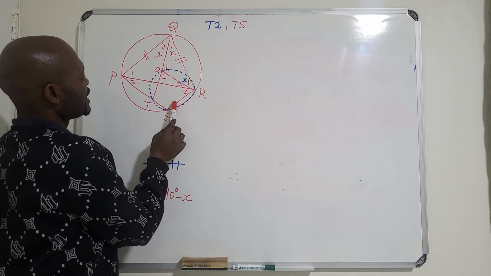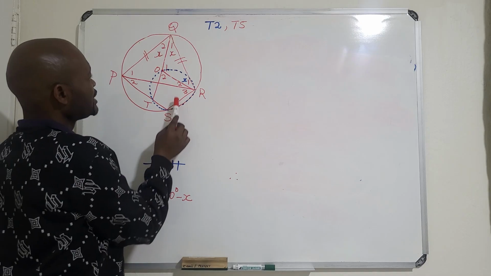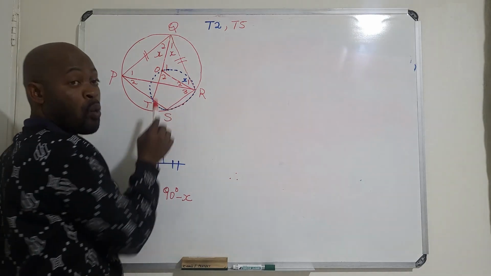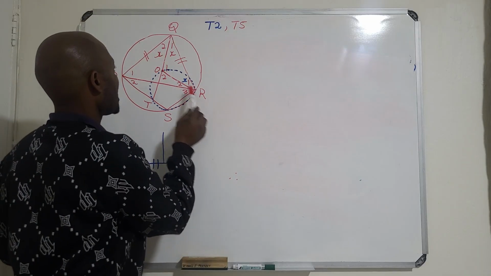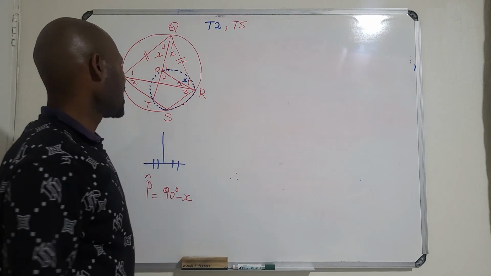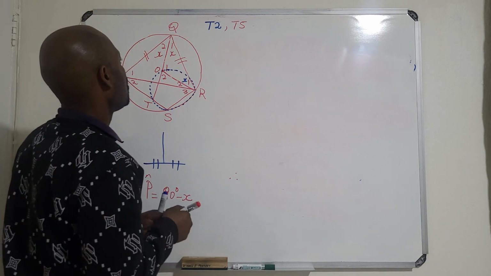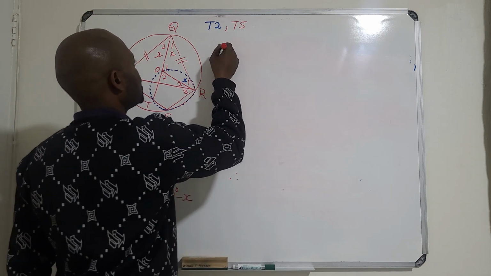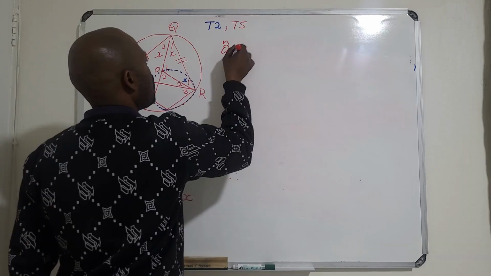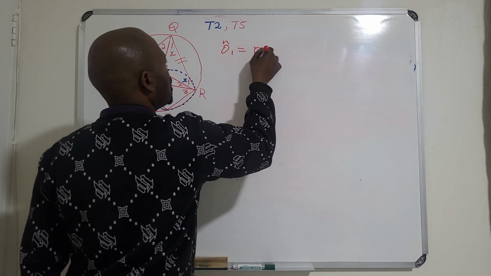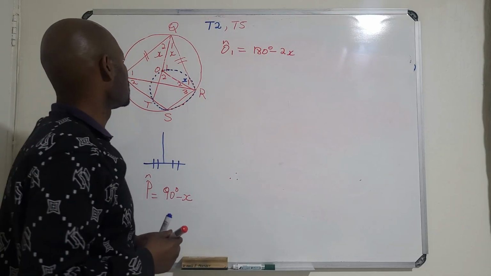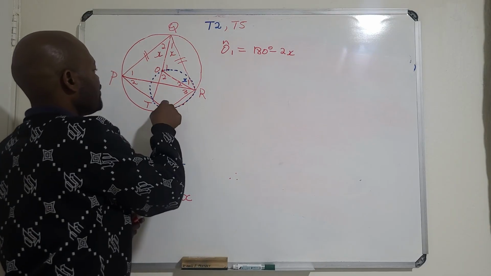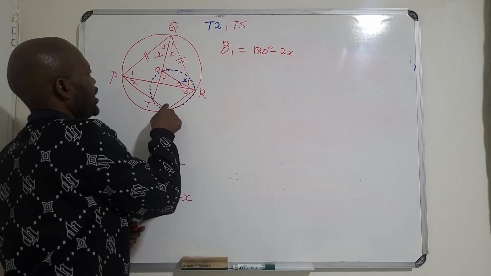Once we find that angle S is equal to angle O1, then we have proved that TSRO is a cyclic quad. Now, we know that angle O1 is equal to 180 minus 2x. That's what we know.